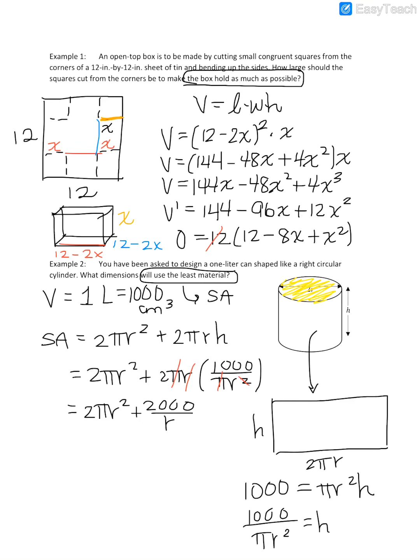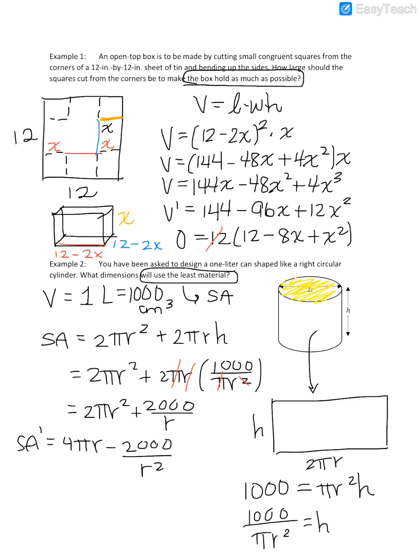Okay, now I'm going to go ahead and do my derivative. That's going to optimize my surface area. So I have surface area derivative equals 4 pi r. The 2,000 over r, think of that as 2,000 r to the negative 1. So I get negative 2,000 r to the negative 2, like that.